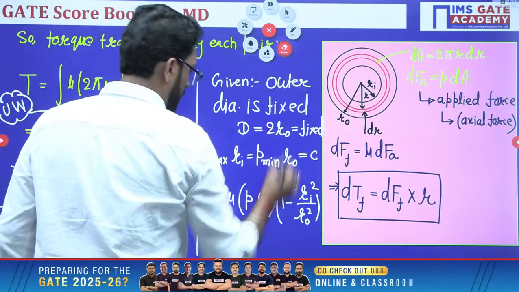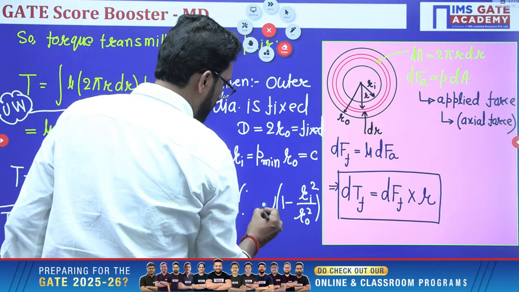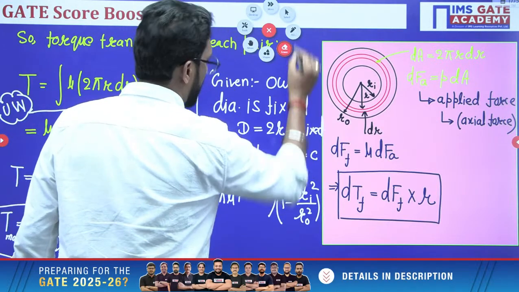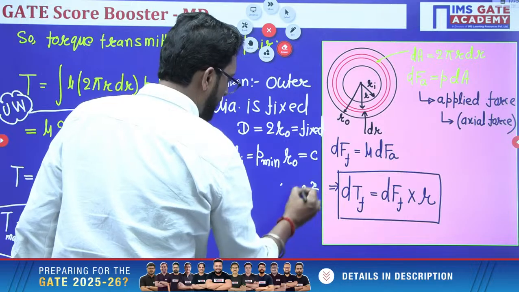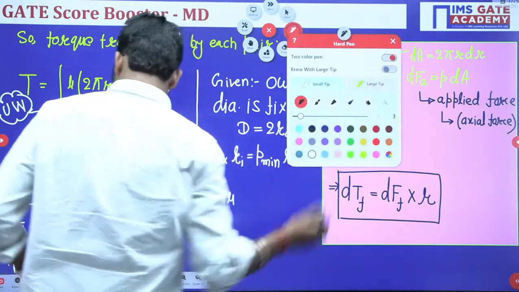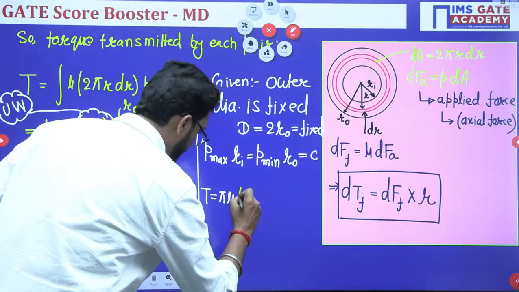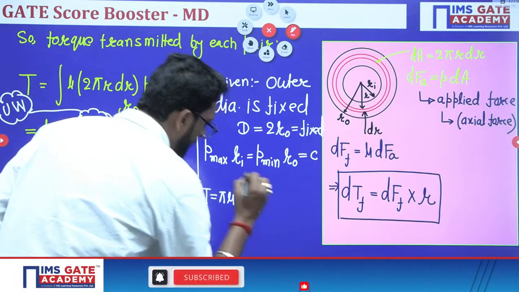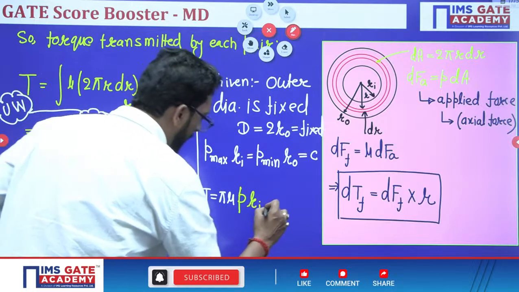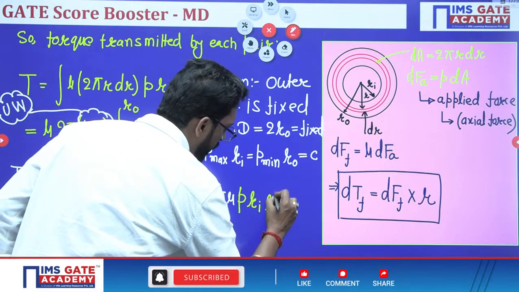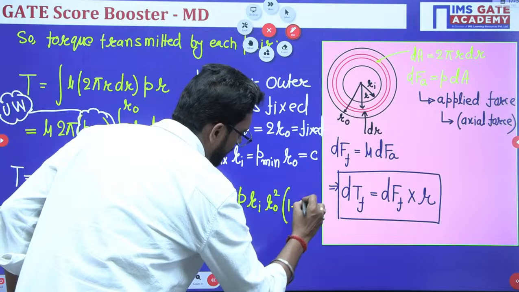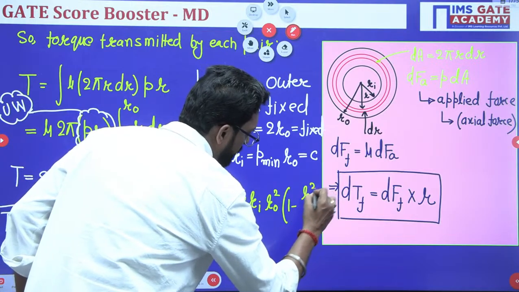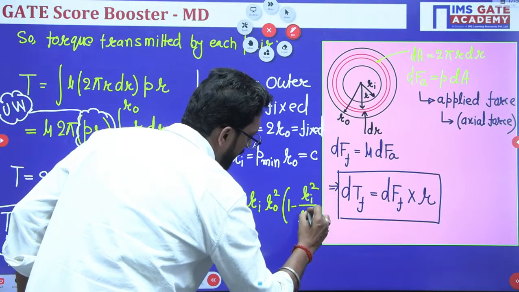So here you have to write like that: mu P into P, so r minimum is Ri. Here we took Ro common, Ro square, so 1 minus Ri square by Ro square.